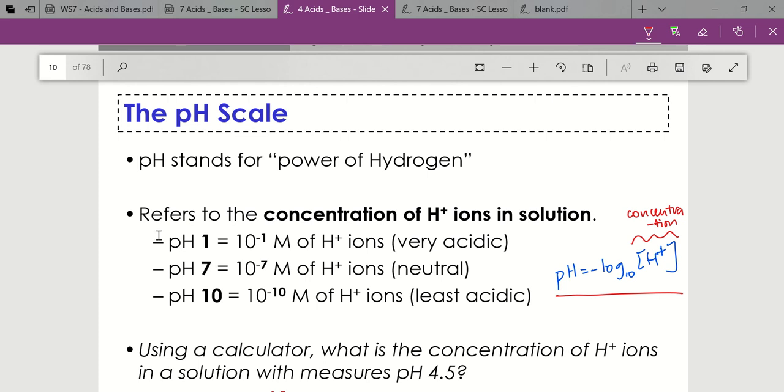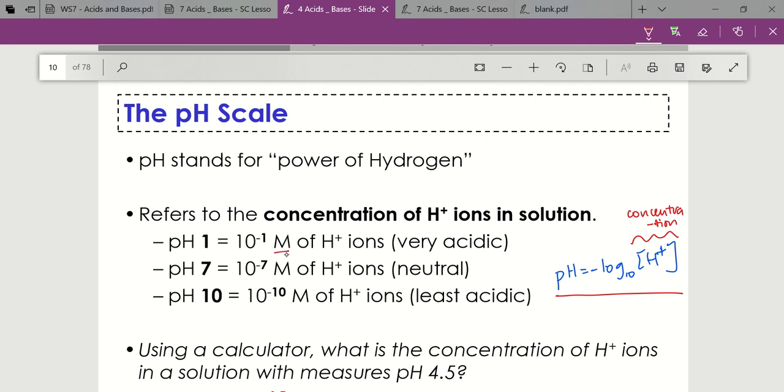So what you see on this slide over here is the opposite. It is showing you how to determine the concentration from the pH of a solution. So if I have something of pH 1, it means that it is 10 to the power of minus 1 moles per dm cube of hydrogen ions.